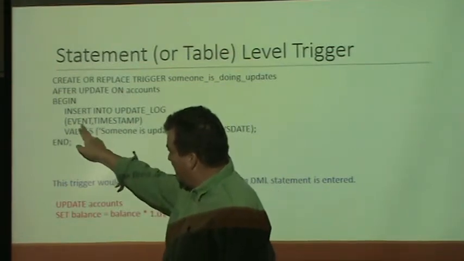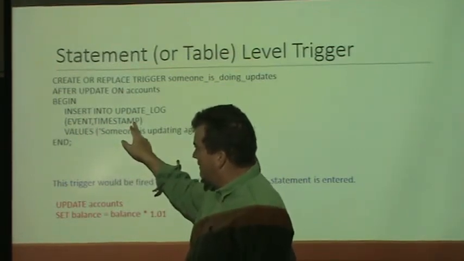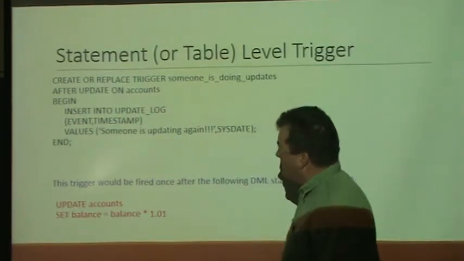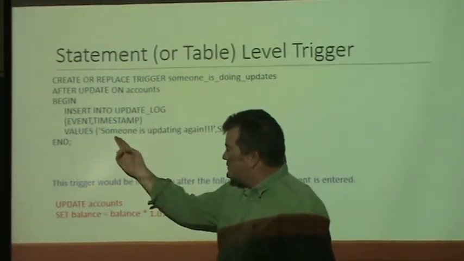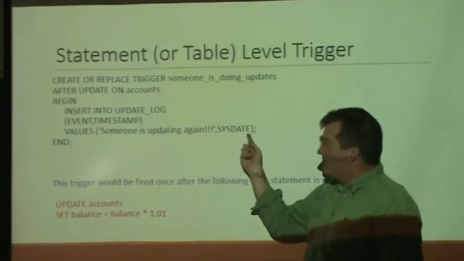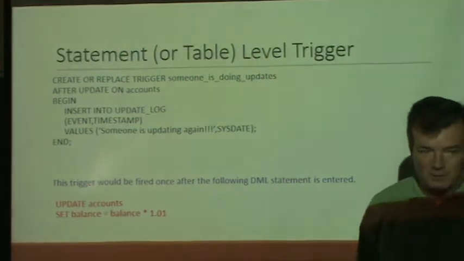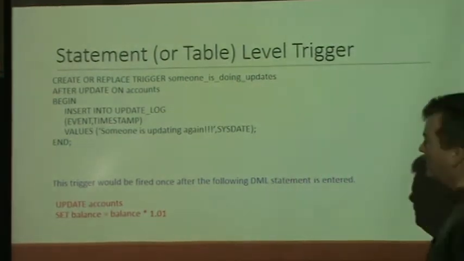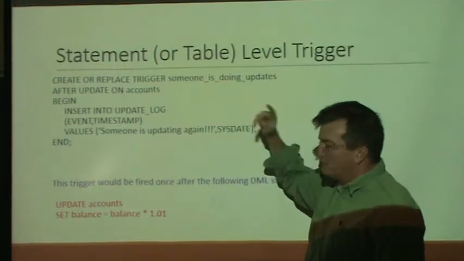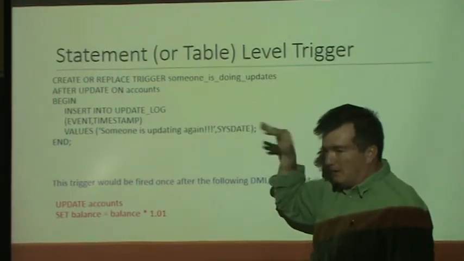I could put in an event and a timestamp. So I could put in some kind of an event, and I'll give the value that the event is someone is updating again. I just put in a sentence, someone's updating again. And then I take the system time, what time was it? So basically I'm just keeping a record on this table. Anytime someone does an update to the table, I run this trigger, and it just runs once for the whole table, not once for every row.